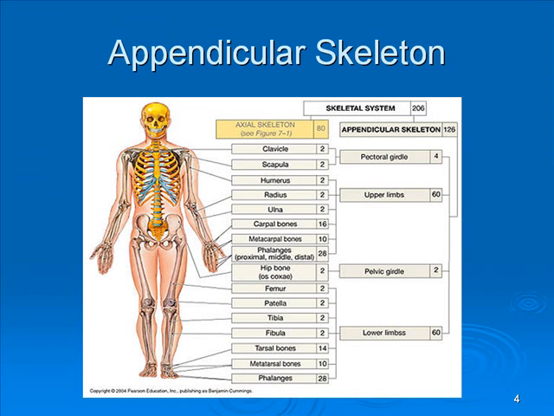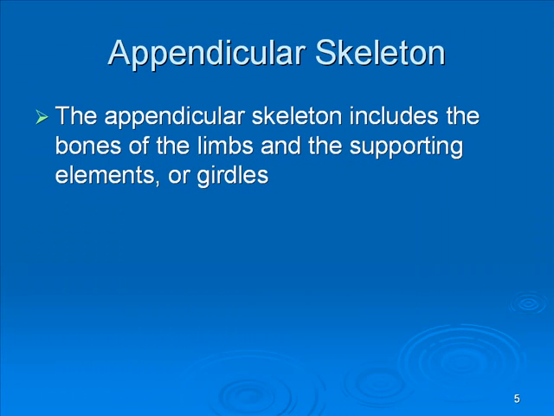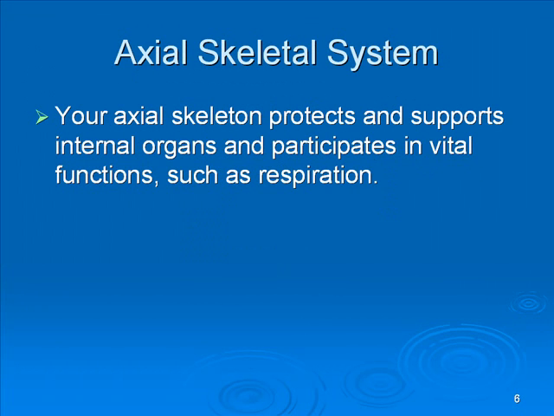Remember to differentiate between the pectoral girdle, think about the pecs or the pectoralis muscles for the chest wall, and then the pelvic girdle, which will include the pelvic bones and then the bones of the lower extremity. The appendicular skeletal system includes bones of the limbs and the supporting elements of the girdles, whether that's the pelvic girdle or the pectoral girdle.